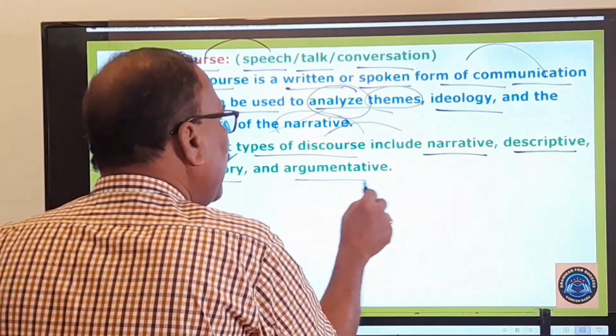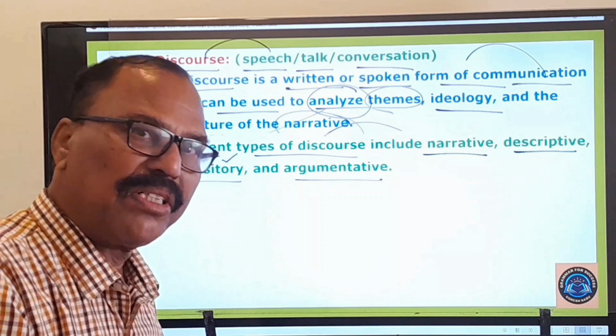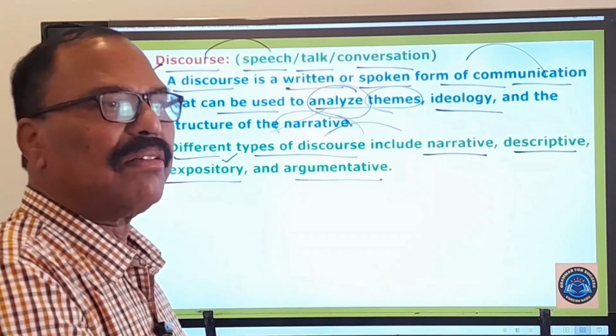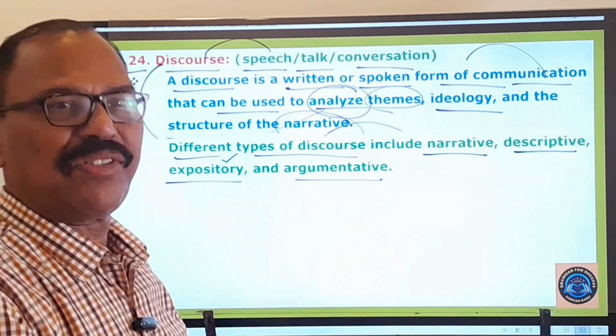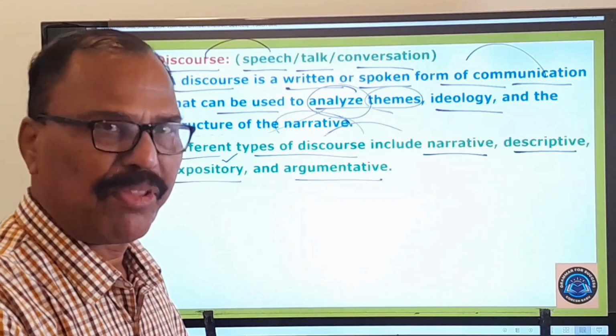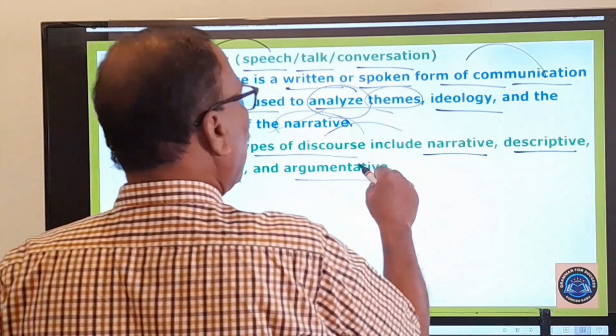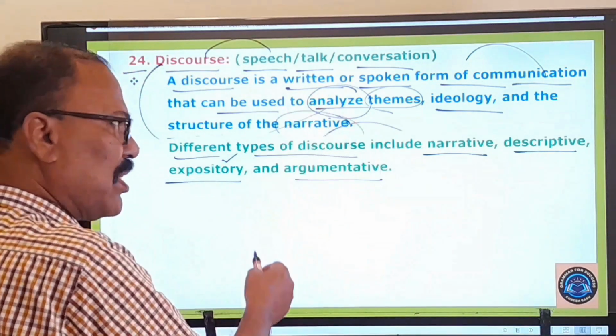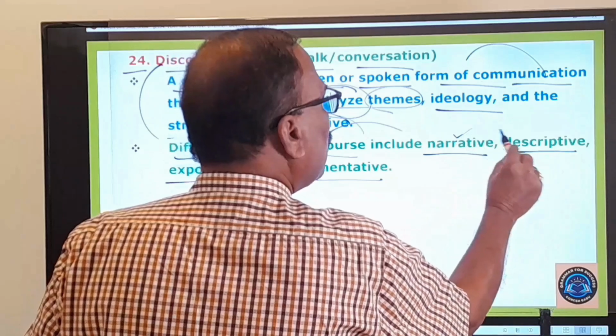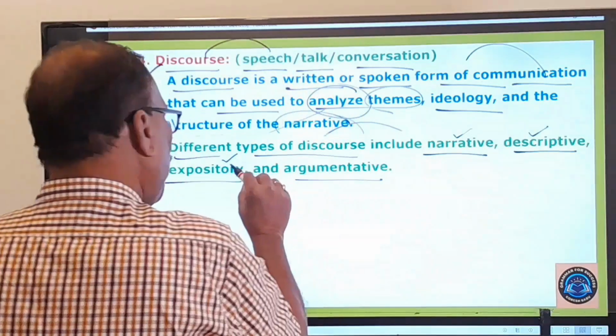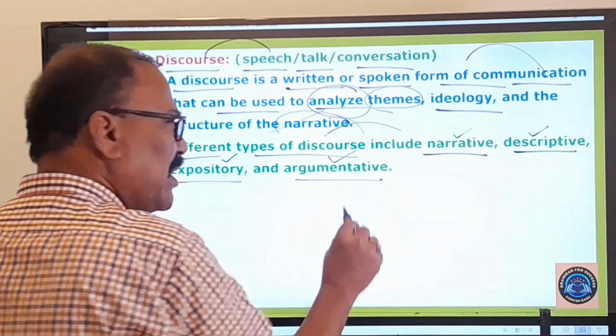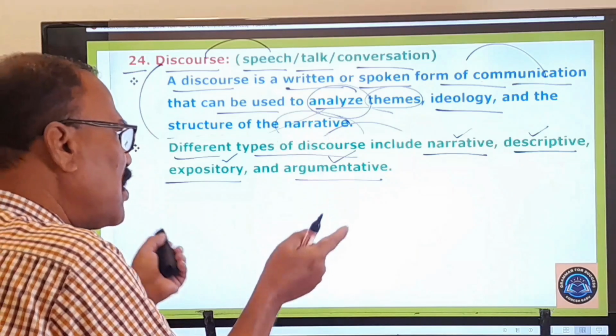And argumentative discourse. Argumentative discourse means the discourse that is quite contrary or combative or something like that. So in this way, there are several kinds of discourses. Okay, narrative discourse, descriptive discourse, expository discourse, argumentative discourse, and all such discourses are there.